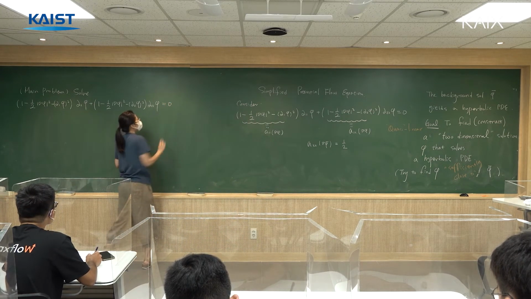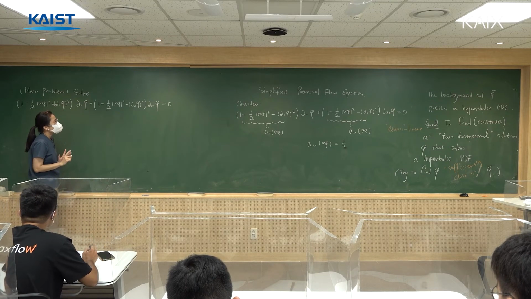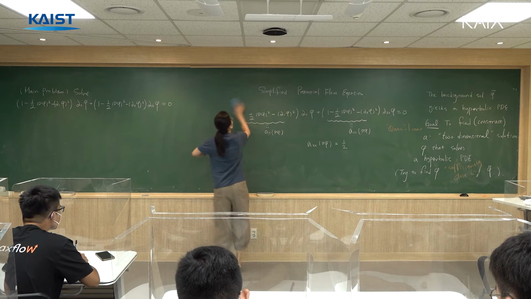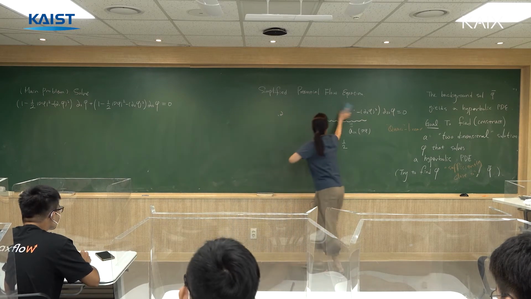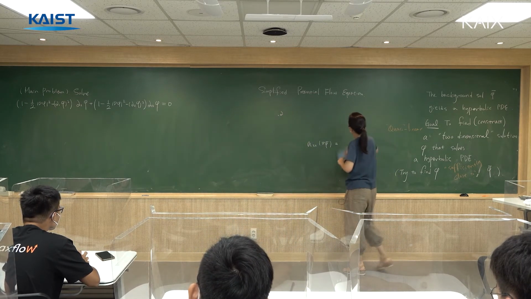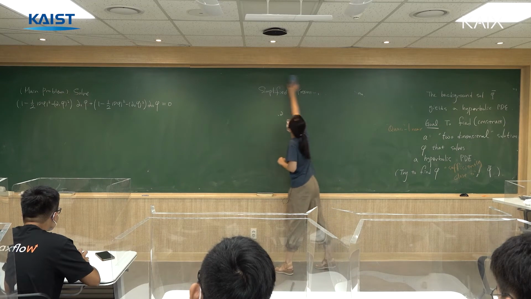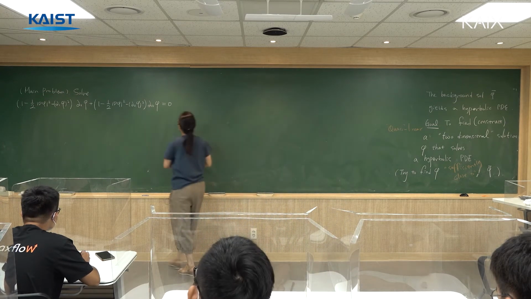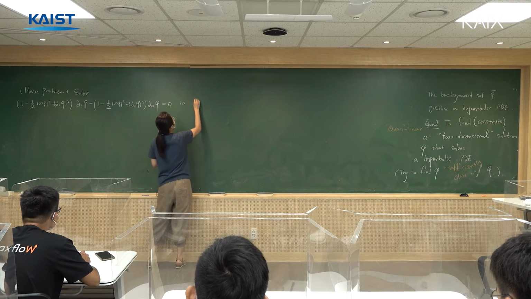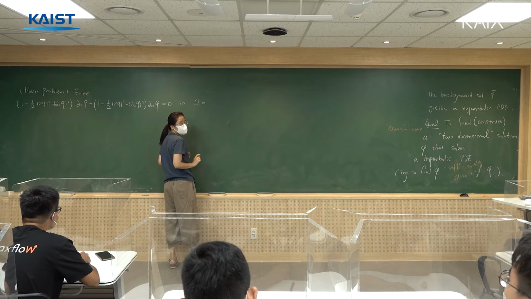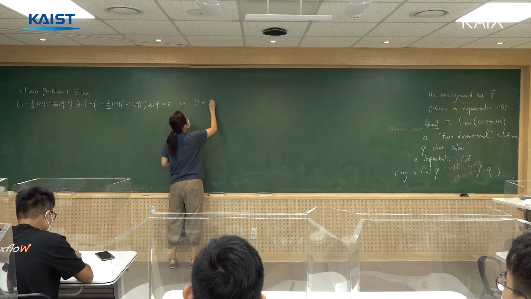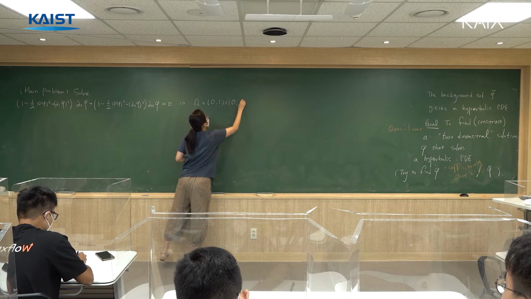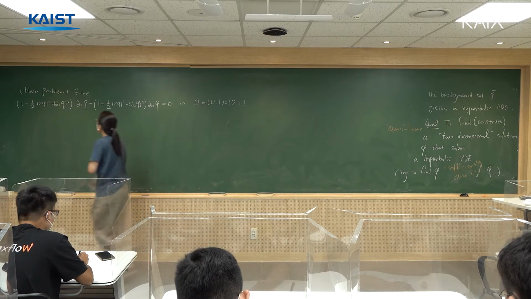Now I need to be specific on the domain as well. So in the domain omega, I'm going to use the same domain as before. This is going to be a square.